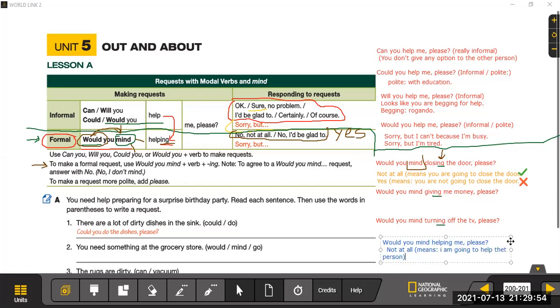I don't have any problem helping that person. But if I say yes, I mind, or simple yes, means I am not going to help that person. Understood?